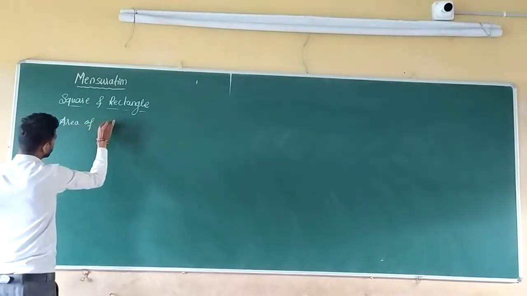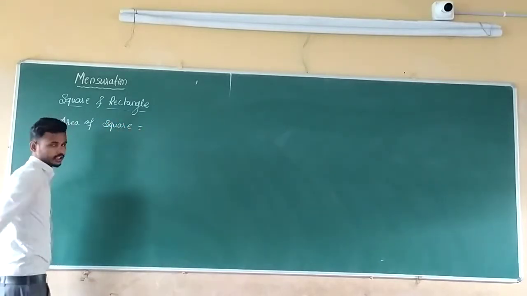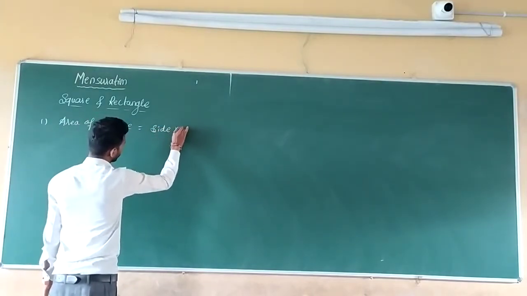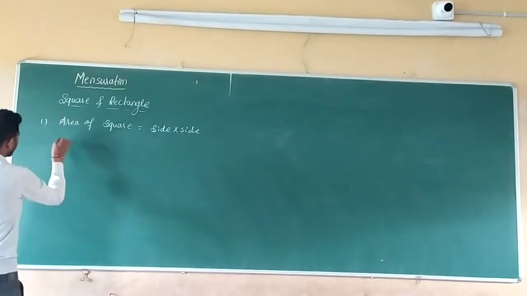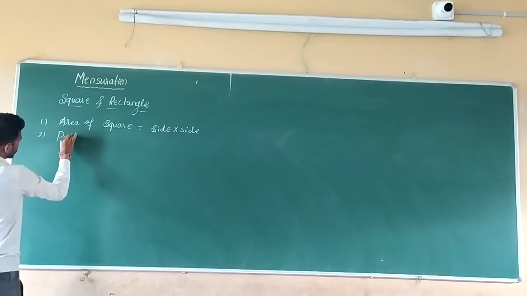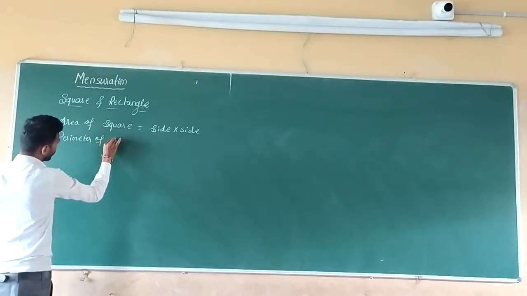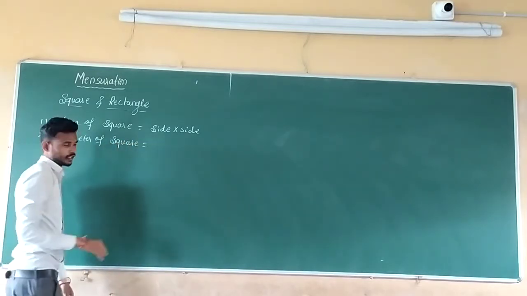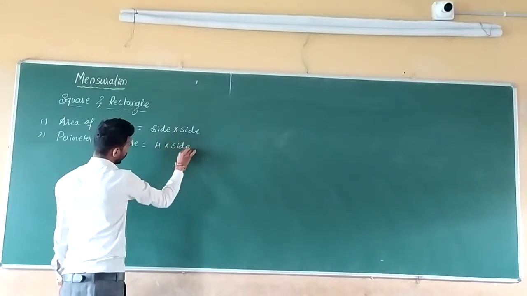Area of square, which is equal to side into side. And next, perimeter of square is 4 into side.